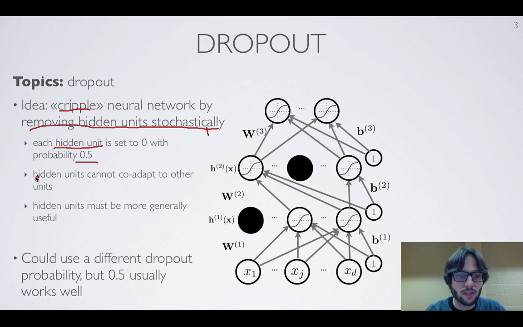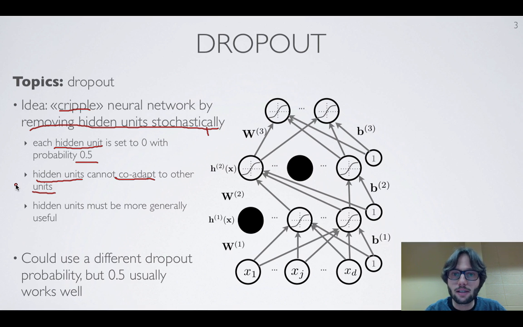The impact of this is that now the hidden units cannot assume that all hidden units in the same hidden layer are going to be present. And so they cannot co-adapt to these other units. They cannot collaborate to generate complicated patterns that might be useful for fitting the training data, because they cannot expect that all hidden units in the same hidden layer are going to be present.